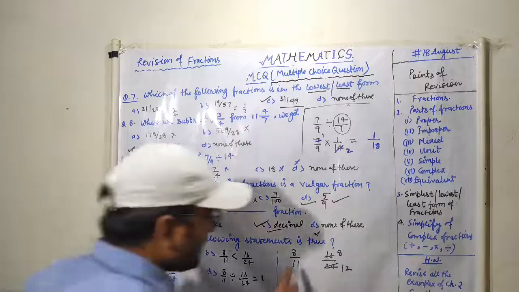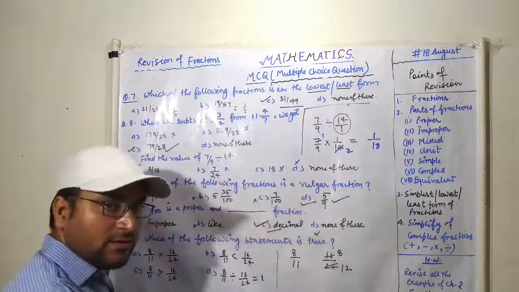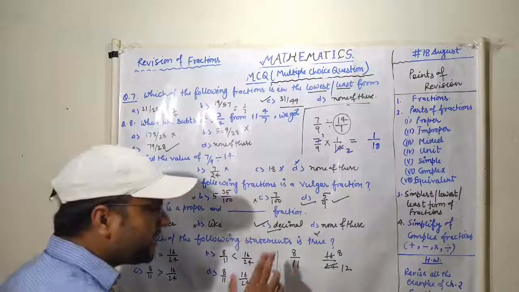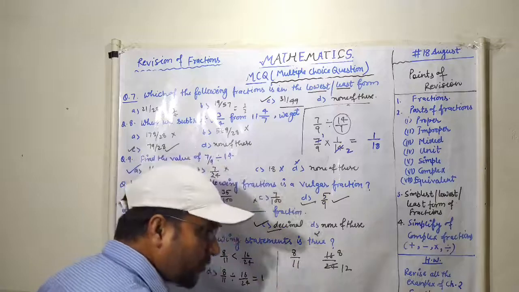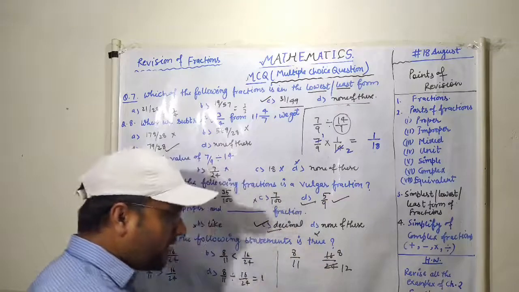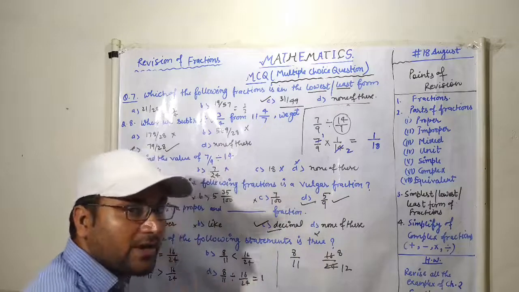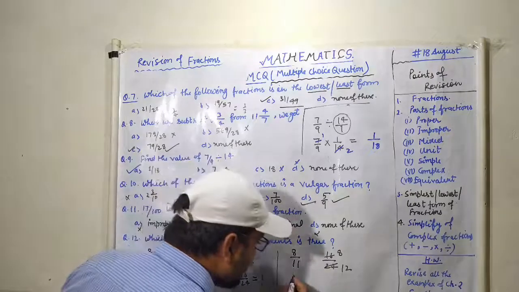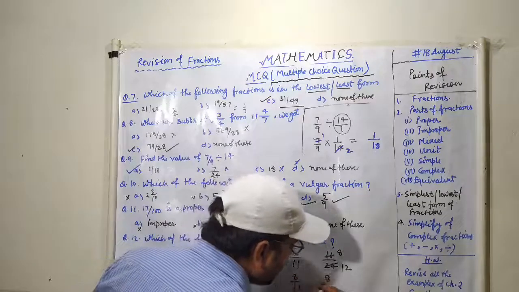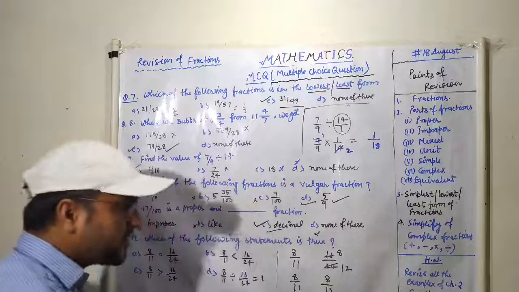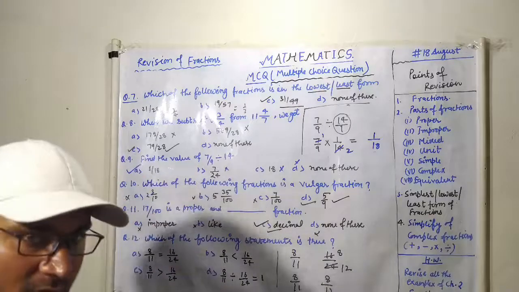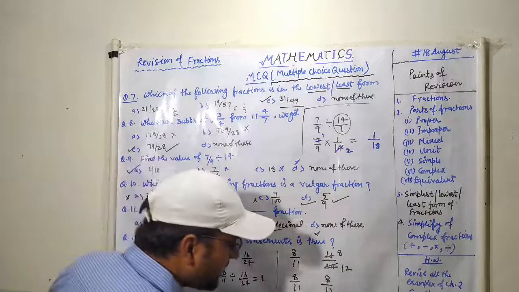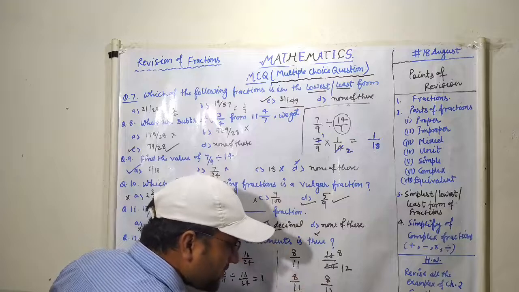See this one, students. If there are two fractions and the numerators are equal, then it is very easy to compare them. So see this one, 8 upon 11 and 8 upon 12. If the numerators are equal, then it is very easy to compare. Numerators are equal, so see the denominators.